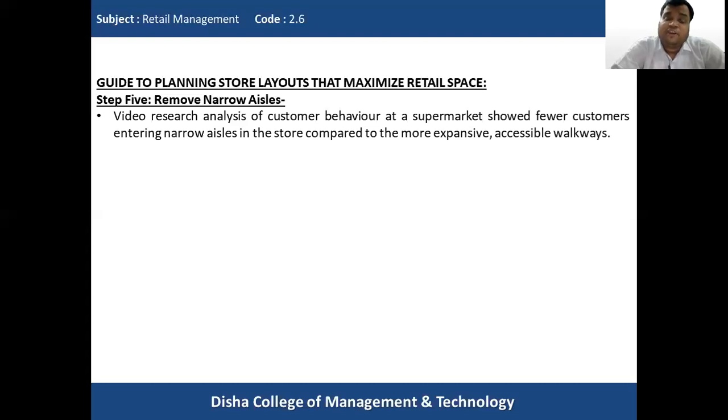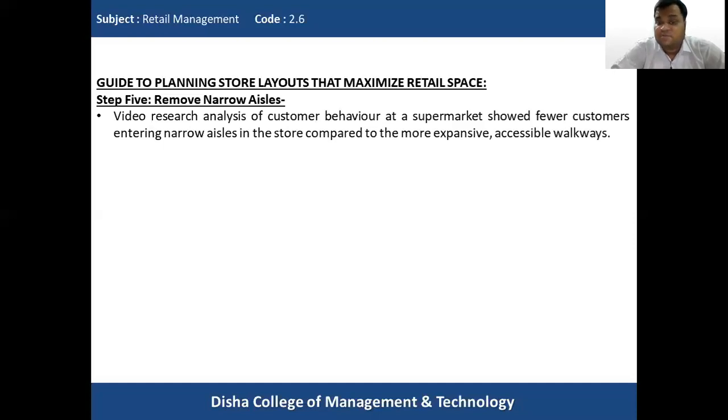Because of video research analysis: whatever the closed circuit camera records is used to see how the customer flow is happening in the store, how customers navigate the store, how they browse the merchandise on display, and how they make a decision to buy the products.